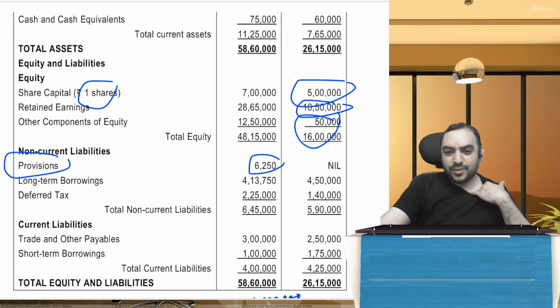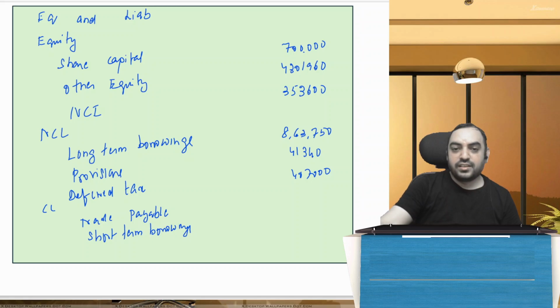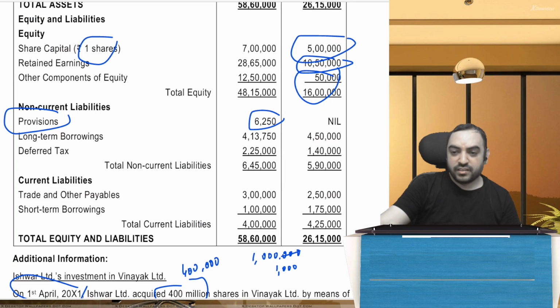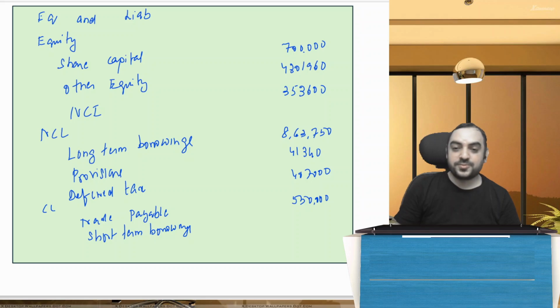Current liabilities, no adjustment. Trade payables, short term borrowings, no adjustment there. Trade payables 3 lakh plus 2 lakh 50, sorry, 5 lakh 50,000. Then short term borrowings 1 lakh and 1 lakh 75, 2 lakh 75,000.